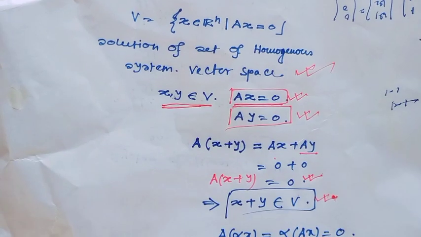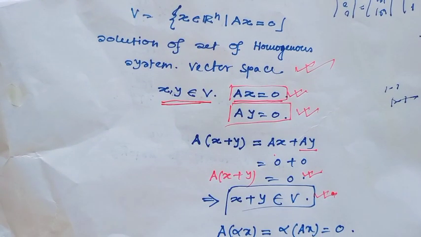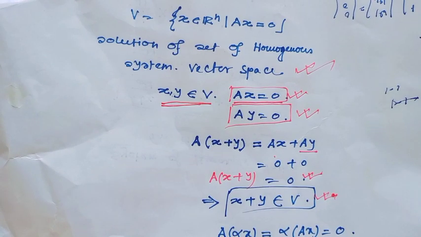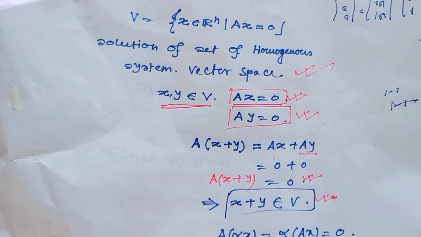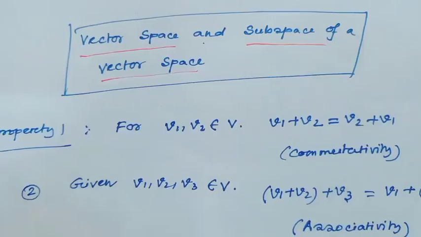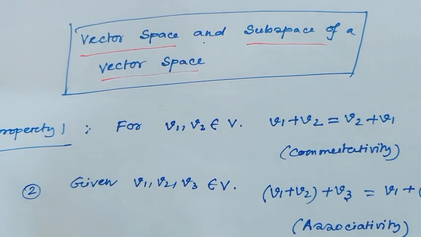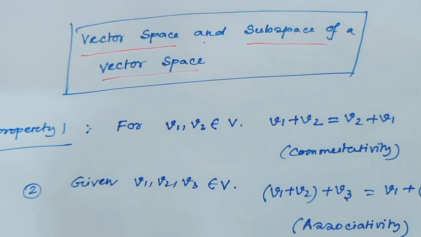Have you understood? This type of example I have defined elaborately in my previous video. Today I have defined this part just as a review. Next, I will discuss the next topic of this lecture, the subspace of a vector space.